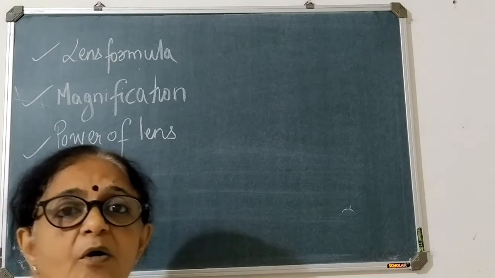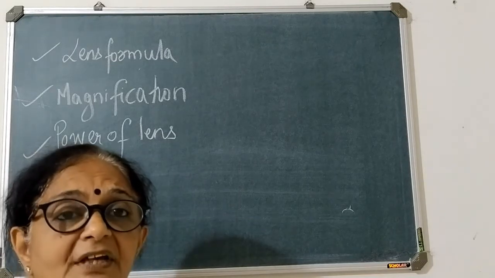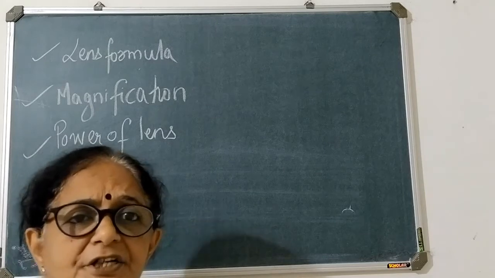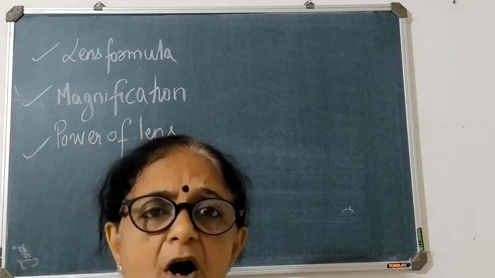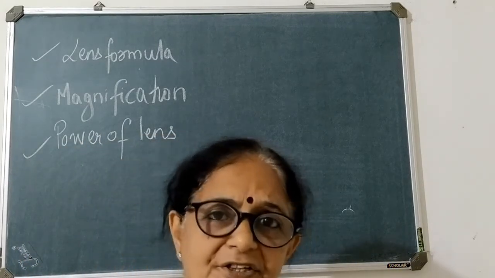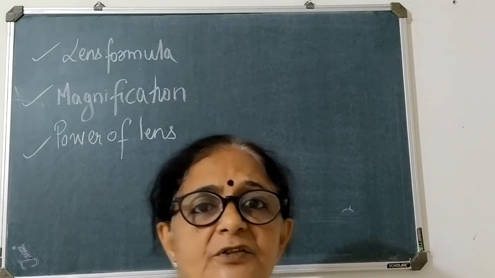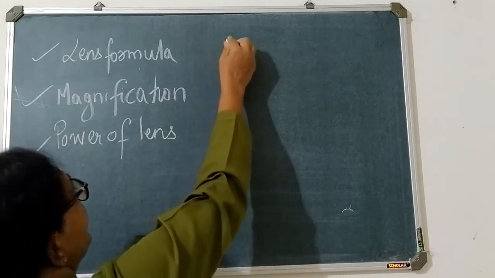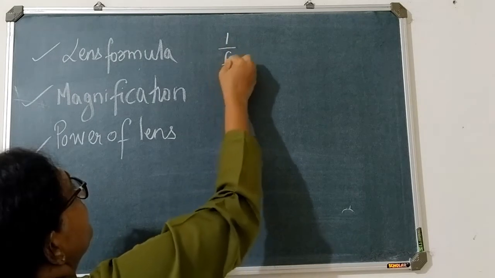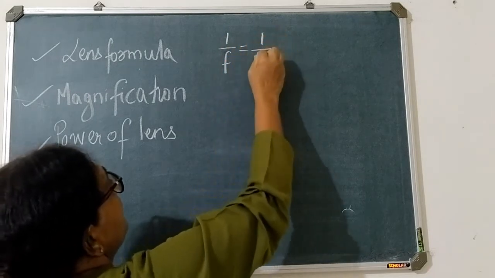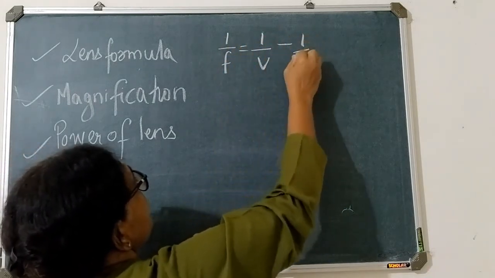Okay. Now what is a lens formula? It is giving you the relationship between focal length, object distance and image distance. And the lens formula is given by 1 upon f is equal to 1 upon v minus 1 upon u.